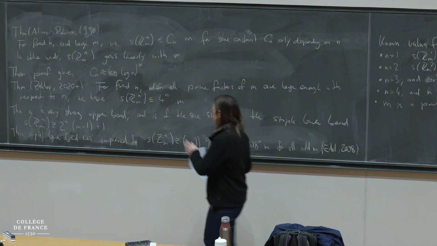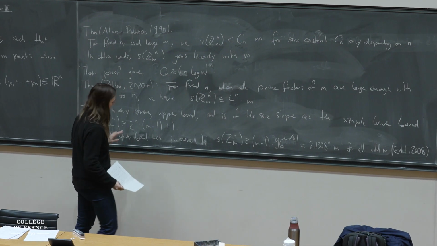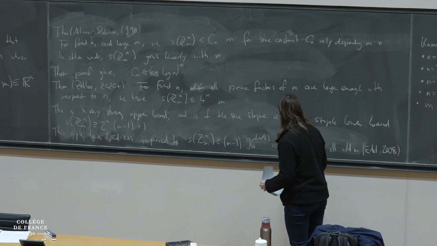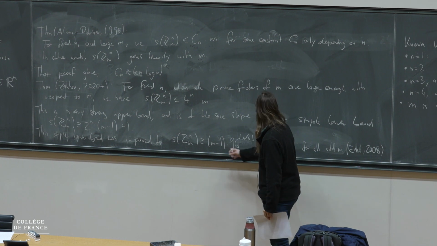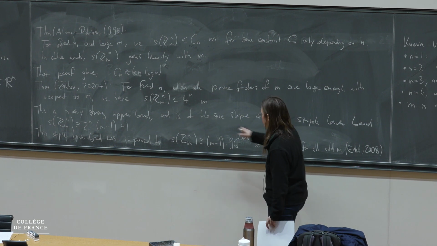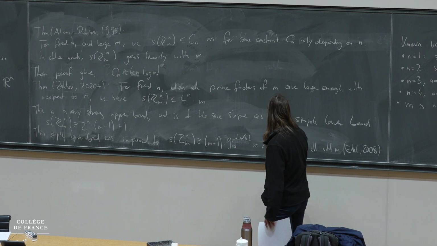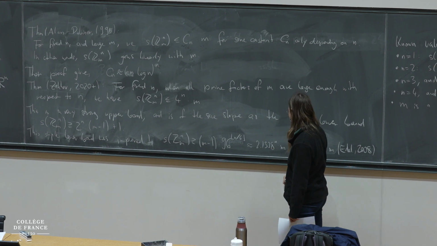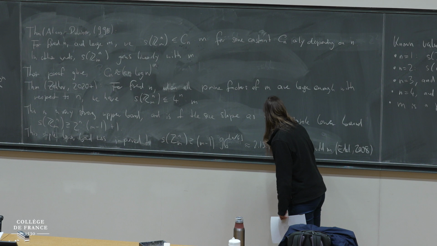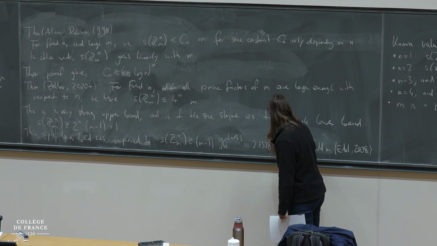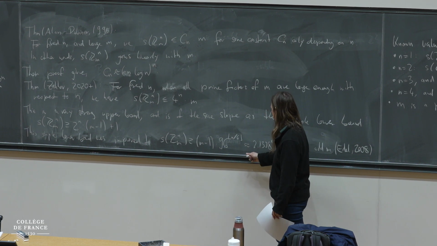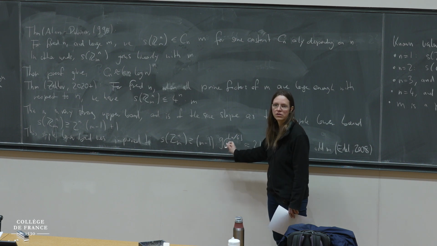So basically, this lower bound, at least as long as m is odd, Edel improved by finding a lower bound which has roughly the same shape, but instead of 2, it has 2.1398 roughly, to the n. But one needs to be a bit careful here. So it's up to a constant factor that comes from the rounding down here.